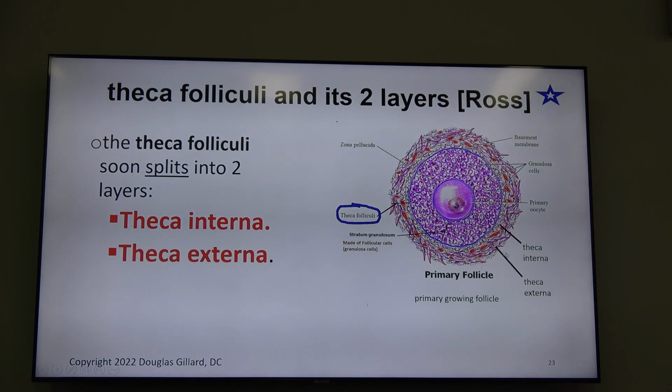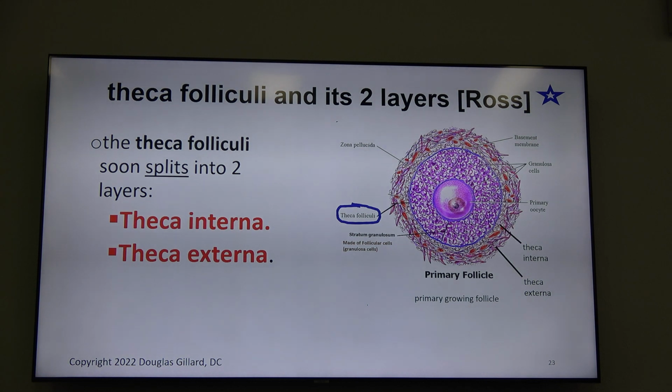The key for ovulation is you have to have this smooth muscle. See all these little smooth muscle cells? Those contract. There's an area where the smooth muscle migrates away, and they all contract here to literally shoot that down. So the theca externa contains the smooth muscle.